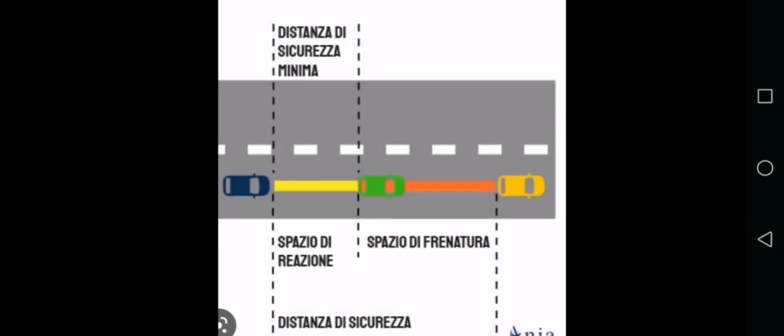So this is the diagram. They differentiate the color of the vehicle, but it's still one particular car. Look at it. While the color was blue, he realized he needed to stop. Then look at that line till this line. You see this space is yellow. That is the reaction time.